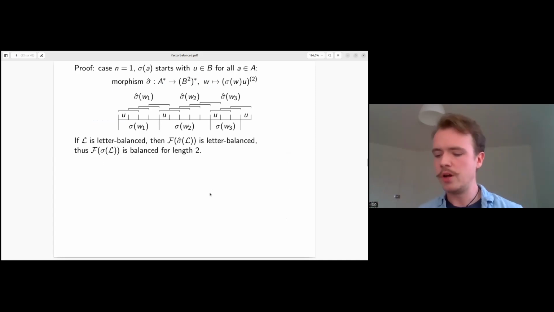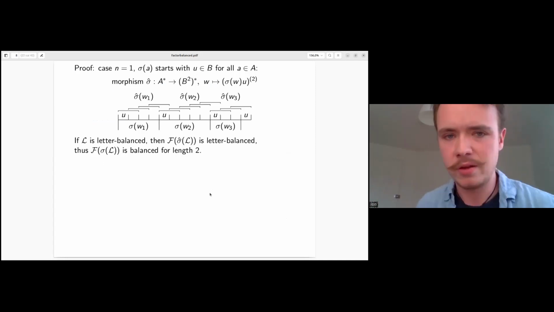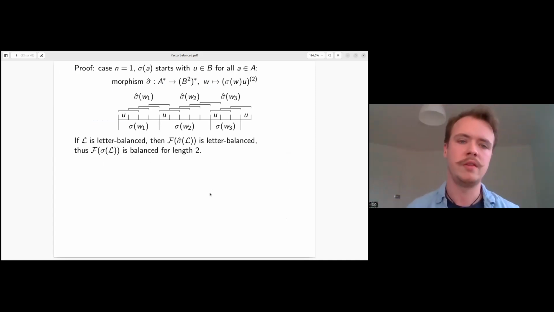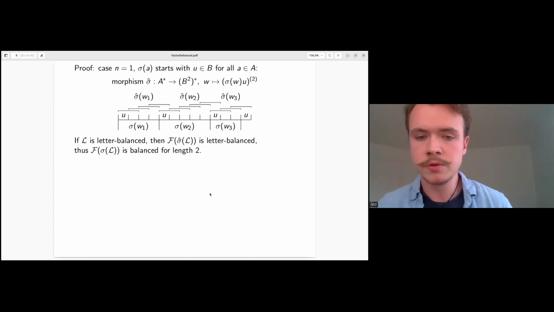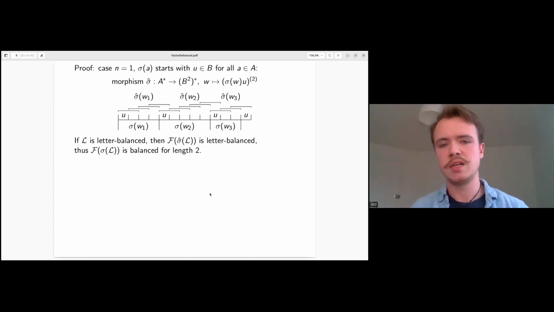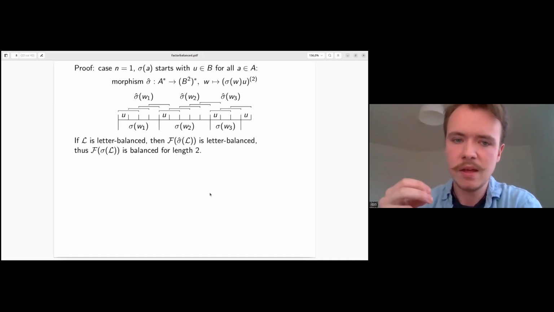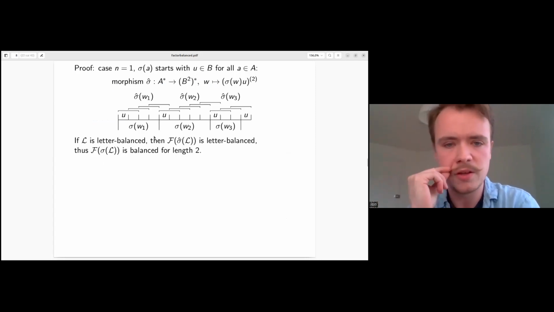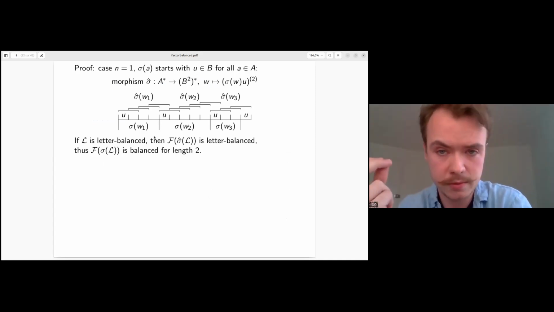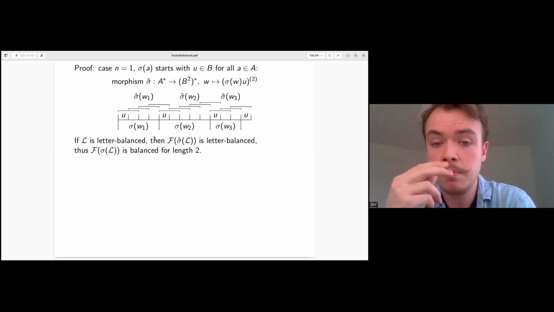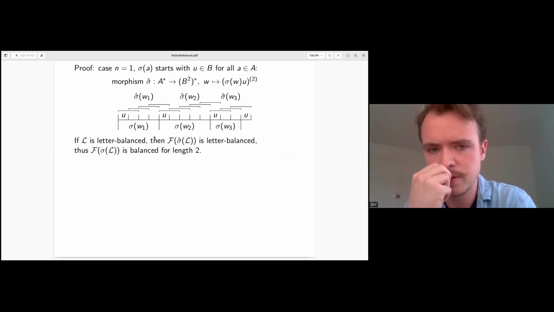So the proof, first, let's start with a specific case, with N being 1, so L being letter balanced. And we want to show that if sigma is proper, then F sigma of L will be balanced for length 2. And so for that, we will use the 2 codings of words, of the images of those words.